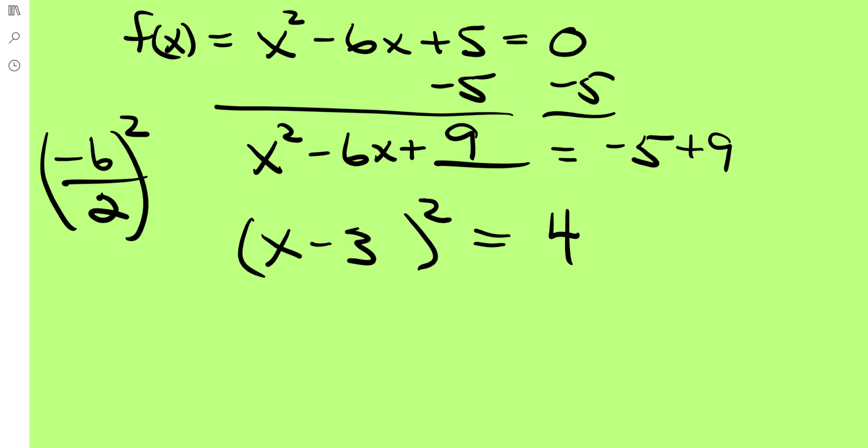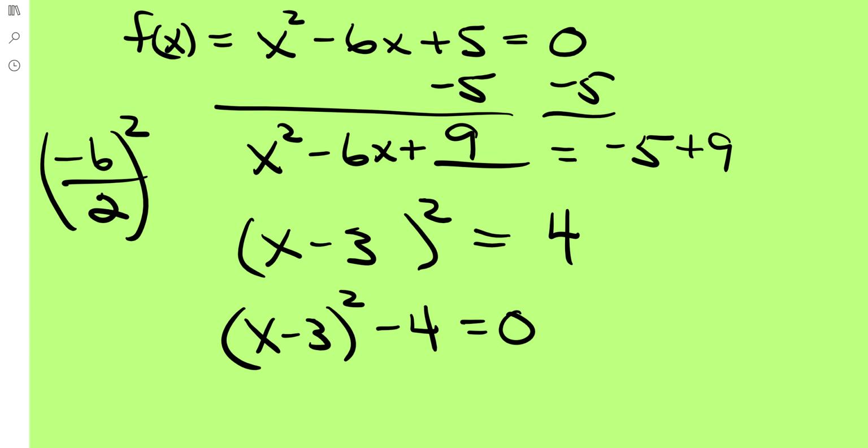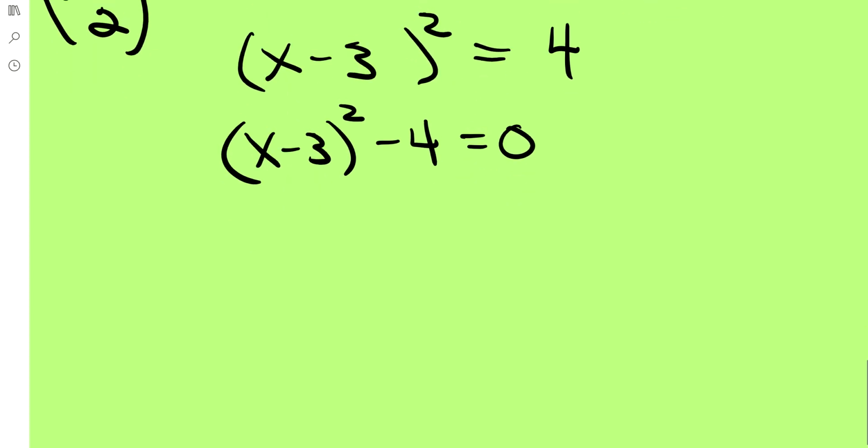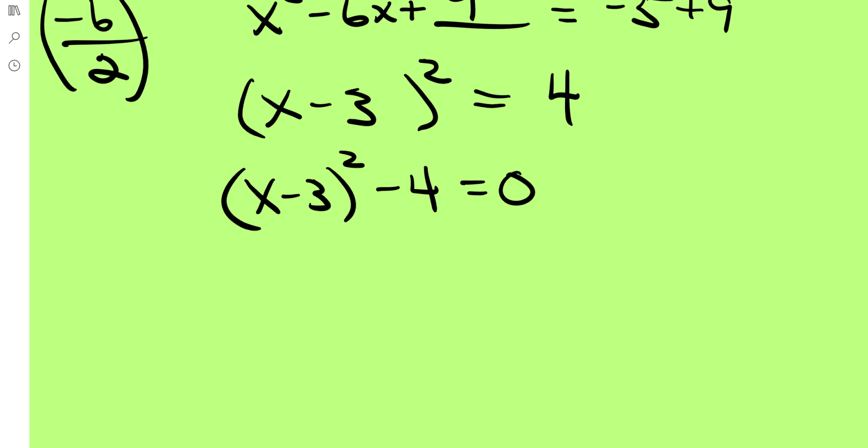I want to get this back equal to 0. So I'm going to write this as x minus 3 squared minus 4 equals 0. And now I can find the vertex by taking the 3 and the negative 4. I'm looking at this as positive 3 because I want to know what makes this 0 in the parentheses. So x would have to equal 3.